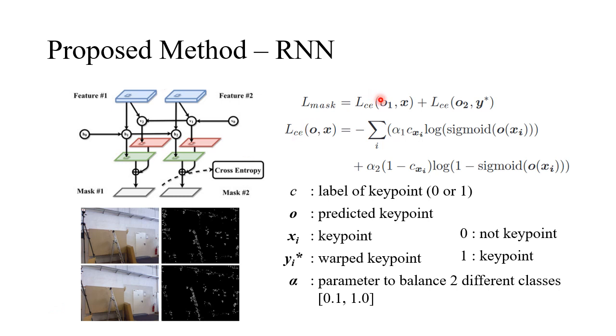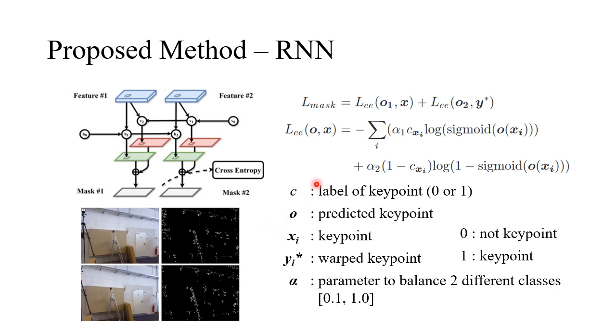For the loss function, it sums up the cross entropy for key point of image 1 and cross entropy for positive key point of image 2. And since it will be divided into two classes, 0 and 1, 0 is for not key point or the black color in the mask image, and 1 is the key point, the white dot in the mask image.